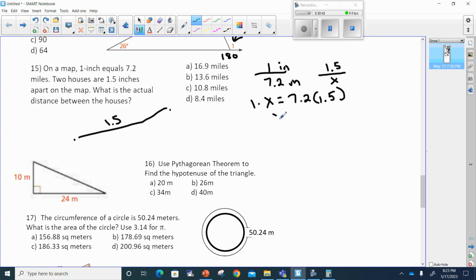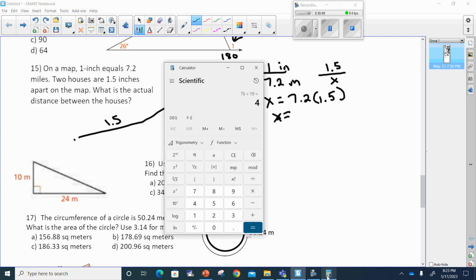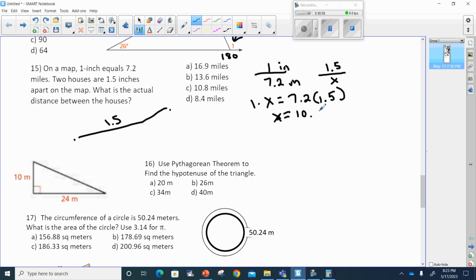Anything times 1 is itself, excuse me. Now 7.2 times 1.5 is going to equal 10.8. So the right answer has to be C.